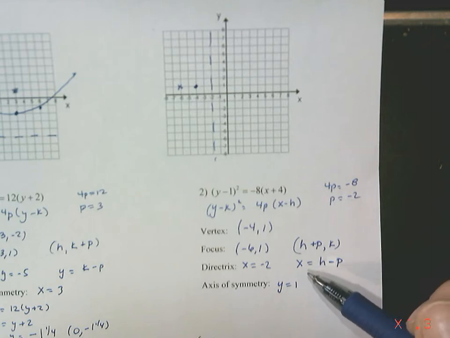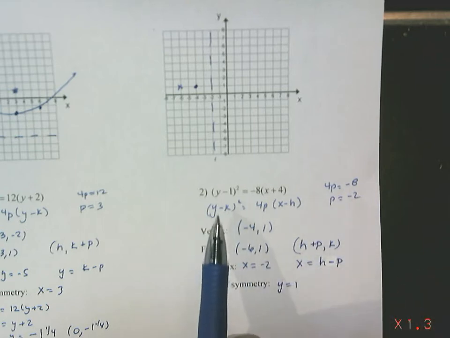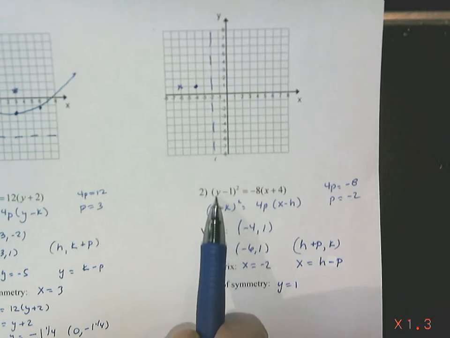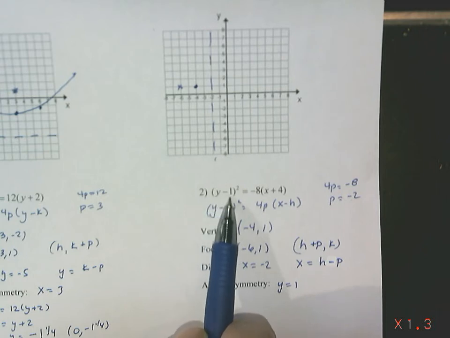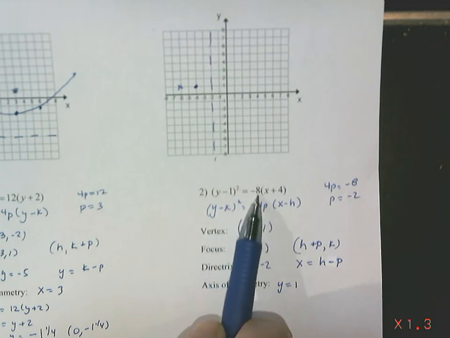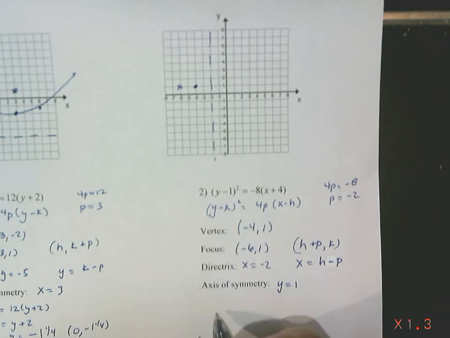Let's go ahead and pick 5 for y. The reason I'm choosing 5 for y is because I see 5 minus 1 is 4. 4 squared will be 16. And then when I take 16 divided by negative 8, I'm going to get an integer. So I don't have to deal with fractions if I don't want to. So I'm going to choose a 5 for y.